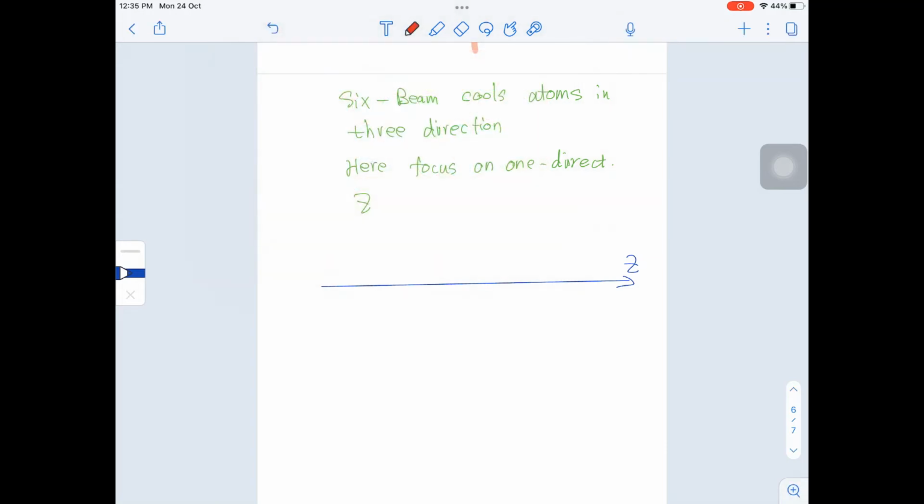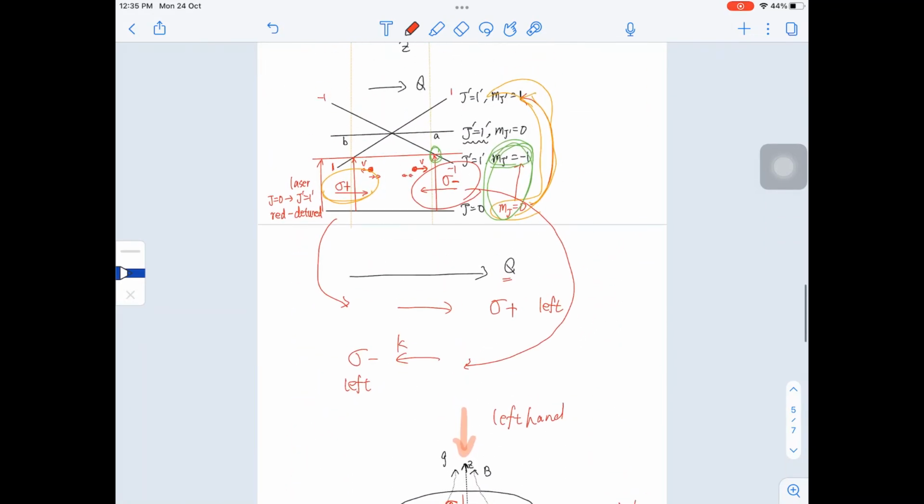This is counter-propagating light, the 6-beam. You have 2 laser sources from Z and minus Z, and they are both left-hand polarized. So it is this and this, and it can drive sigma plus, sigma minus. Let me double check. Yes, sigma plus and sigma minus. Great.